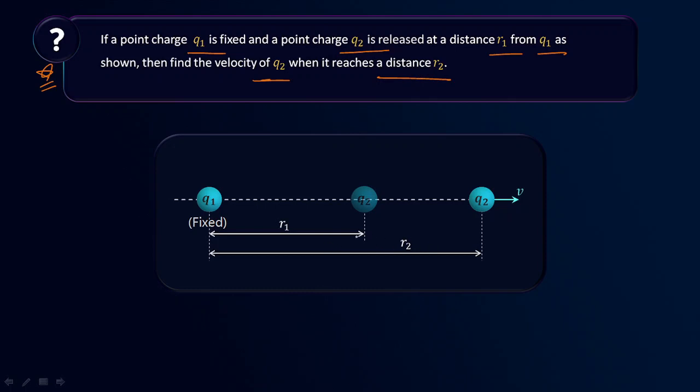So here we have two charged particles q1 and q2. q1 is fixed and q2 we have released from r1. So when it reaches r2, same charge, so they will repel each other. Find the velocity of q2 when it reaches this point. So this we have to find.